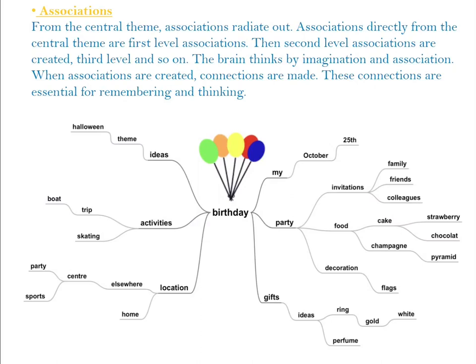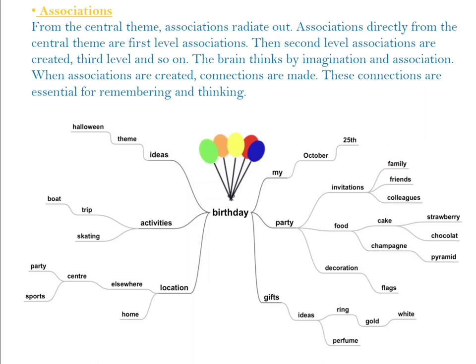Then second level associations are created, third level, and so on. The brain thinks by imagination and association. When associations are created, connections are made. These connections are essential for remembering and thinking.